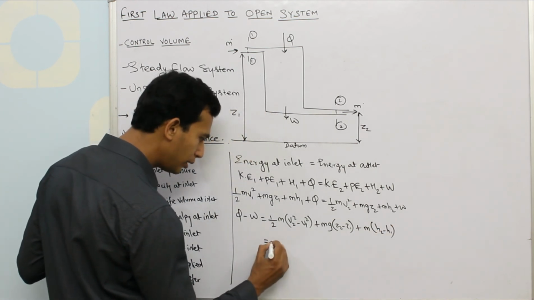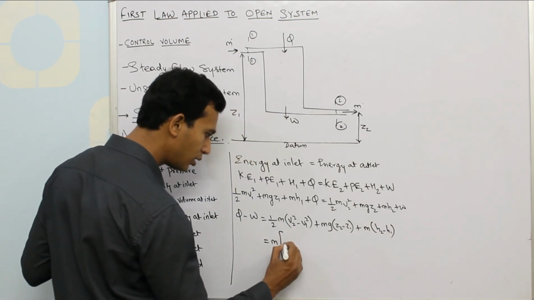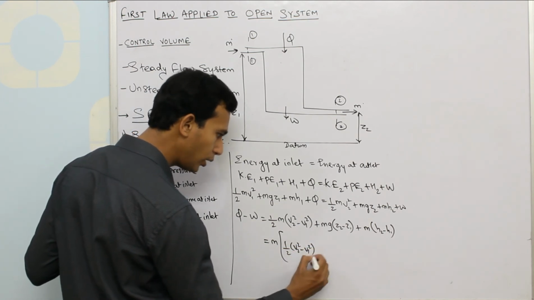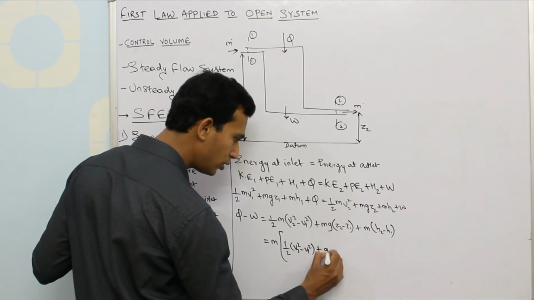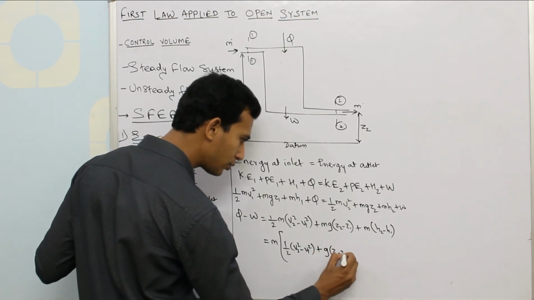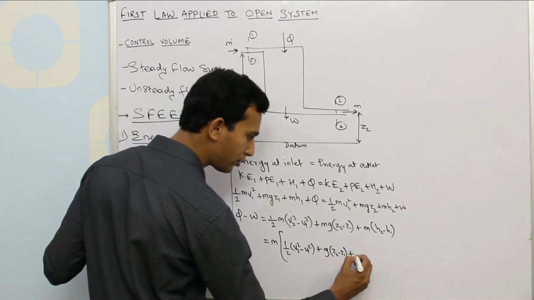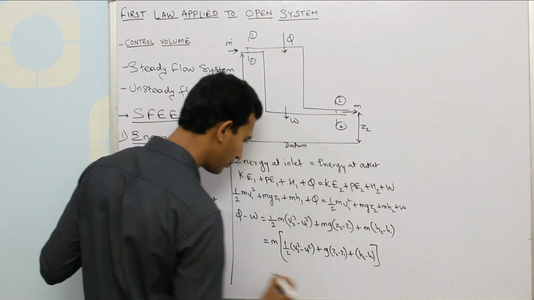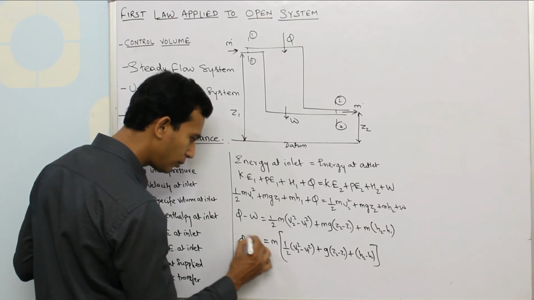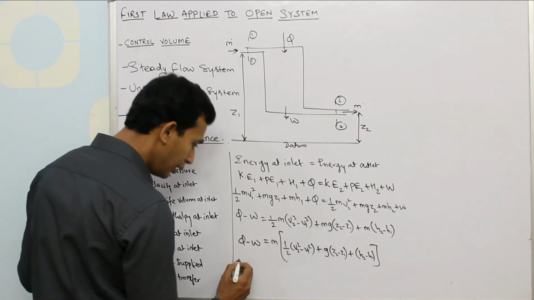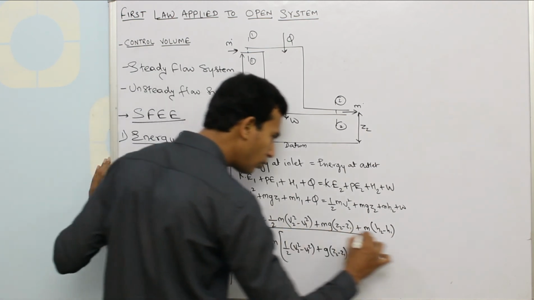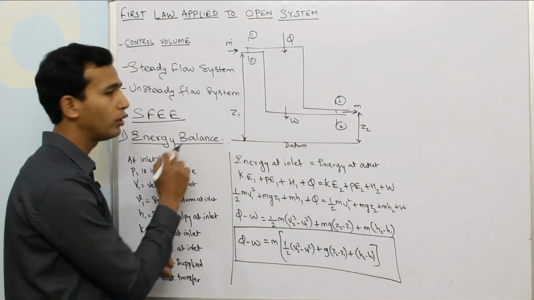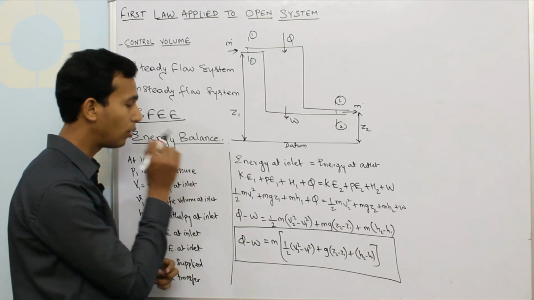Taking m common, then we have half v2 square minus v1 square plus g into bracket z2 minus z1 plus h2 minus h1. So q minus w remains as it is.